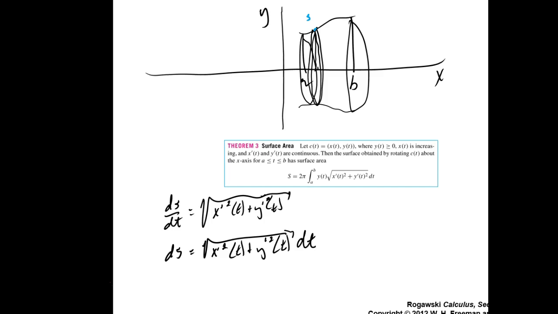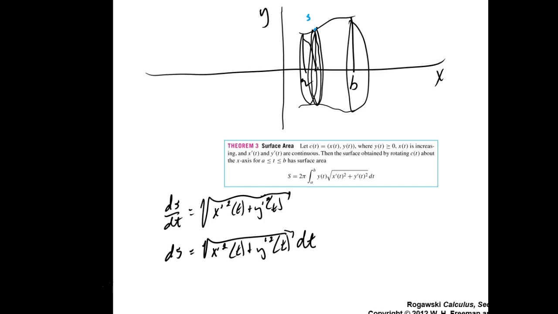Here the y is a little shorter, here the y is a little longer, but any segment here, its radius is your y of t. So 2 pi times y of t is the circumference, times the width of that, your ds. Sum all those up, you got it. That's your surface area. I don't know if that makes it any easier to remember, but that's what you got.